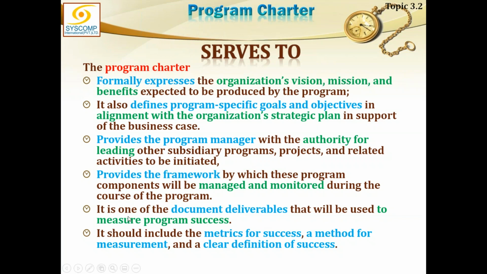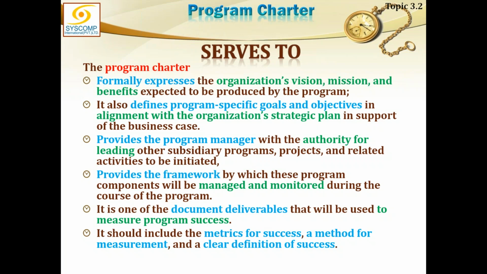It provides the program manager with the authority to lead subsidiary programs, projects, and related activities. It provides a framework by which these program components will be managed and controlled during the course of the program.